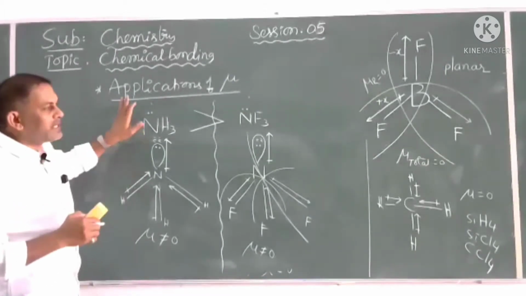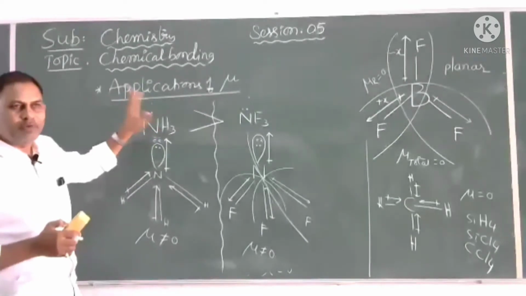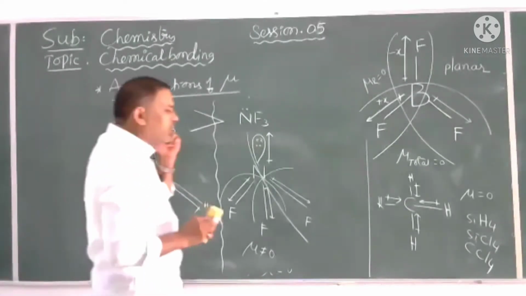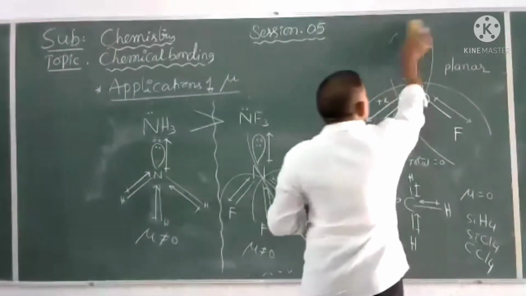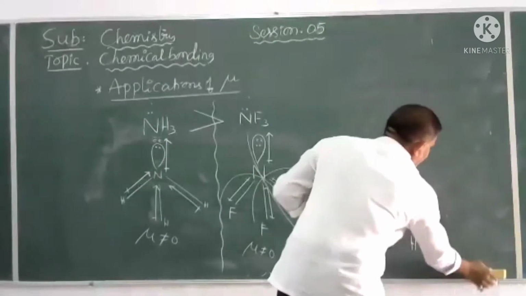Different examples will be created in examinations based on dipole moment and its applications. And also, one of the most important examples is the stability of cis and trans forms.